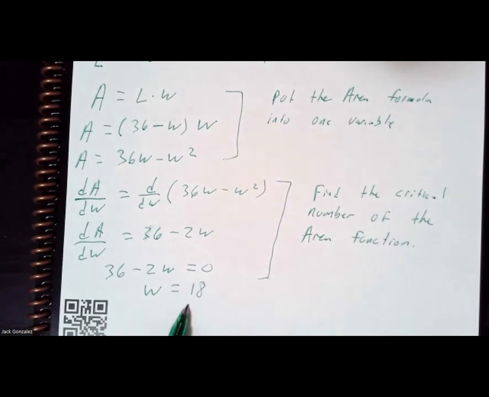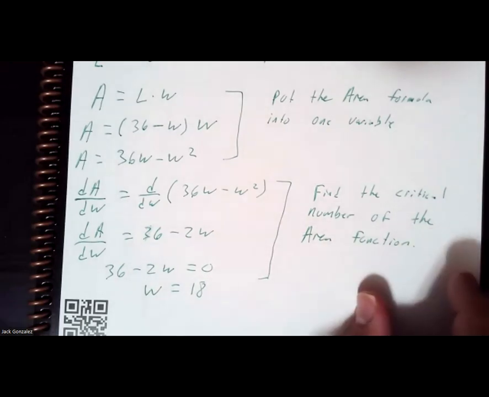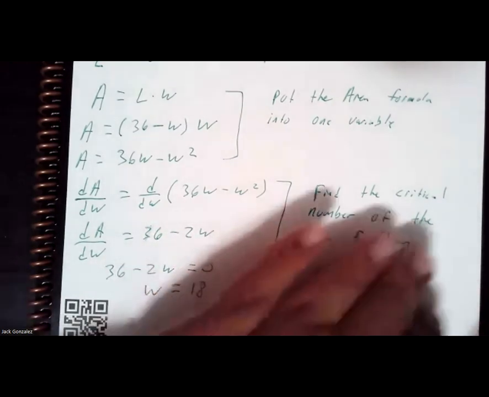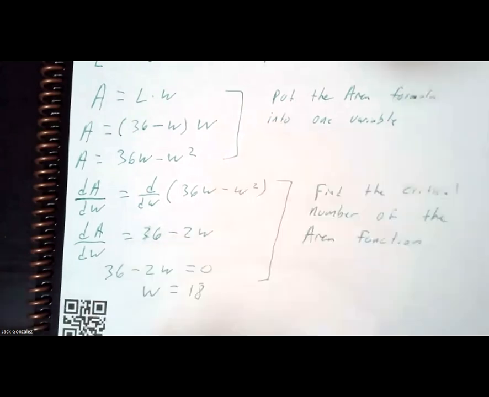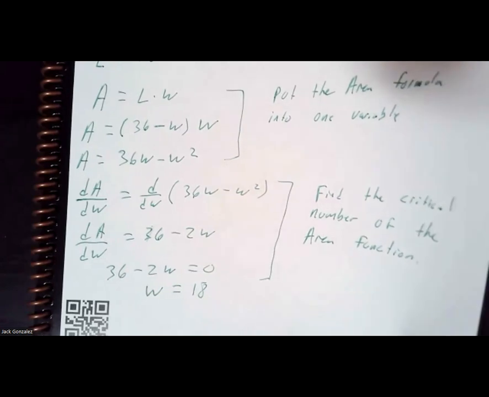We should use a first derivative test to test around this number, but this is a parabola. There's only one critical number, so this is going to be the peak, the maximum. Let me skip that part, or maybe we do it back here. You guys cool so far? Yes.